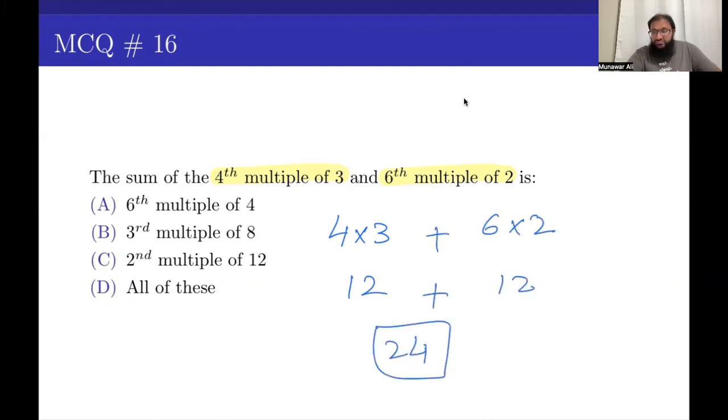It's 24. So you have to find out which of the options is going to be 24. So sixth multiple of 4, 24. Third multiple of 8, 24. Second multiple of 12, 24. So the correct option is all of these. Very simple question.